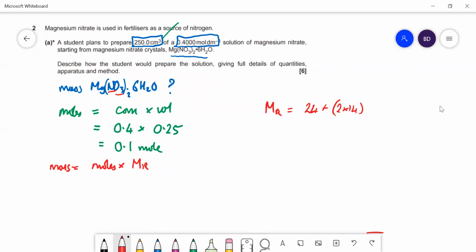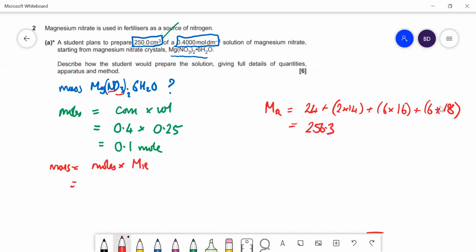We've got 2 lots of 3, that's 6 oxygens, 6 times 16. And then we've got 6 waters, so that's 6 times 18. That gives us an MR of 256.3.